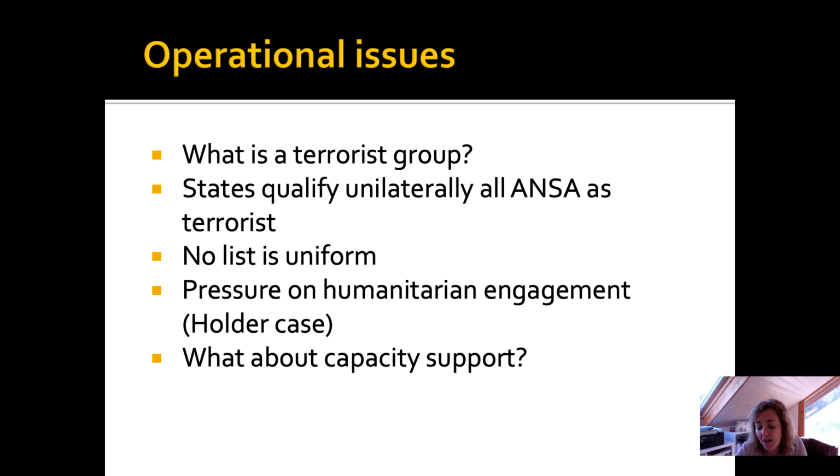And here international organizations will find themselves in the difficulty that providing capacity support, even training, to these armed groups might fall under national counterterrorism legislation. We will see this in a moment.